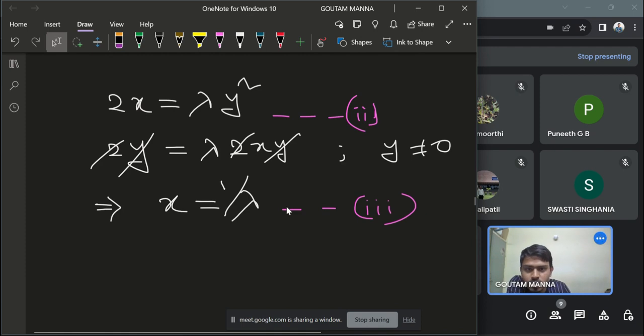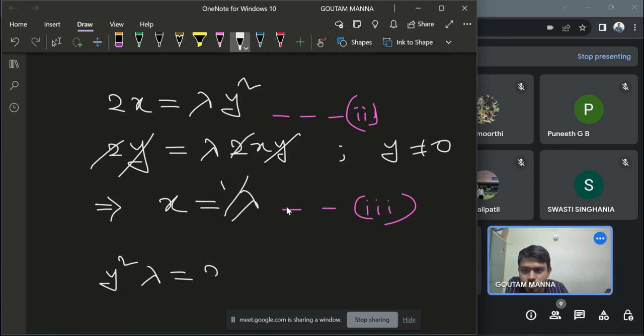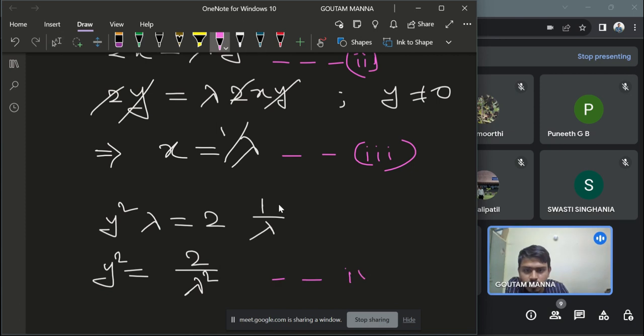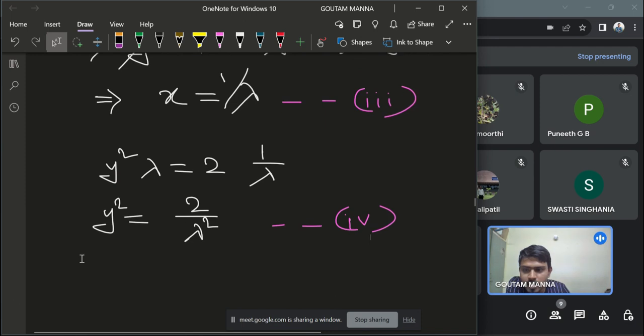Now if I put x equals 1 by lambda in equation 2, it will be y square lambda equals 2 times 1 by lambda, and y square equals 2 by lambda square. Let me call it equation 4. So we have x equals 1 by lambda and y square equals 2 by lambda square.